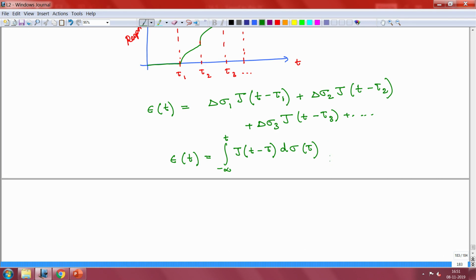So this is now the generalization of this. And you can replace minus infinity by minus 0 also, because if we assume that there is no signal till t equal to 0 and at t equal to 0 there is a jump, then you can replace it with that.